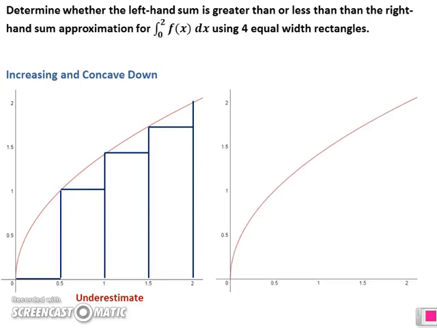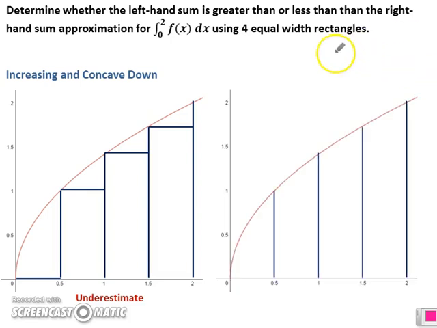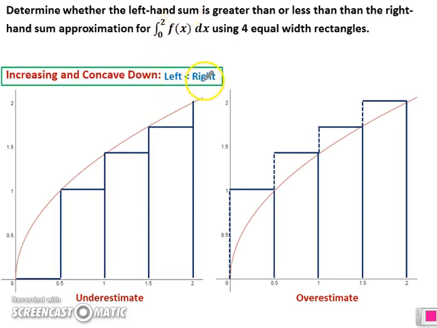And then right-hand sum, we use B, but not A. So that means when we want to find our y-coordinates, we would be using the y-coordinate of B, and then every point after, except for A. We would not use 0 in this case, if we wanted to know the height of each one of these rectangles. Okay, so notice that this one is an overestimate as well. So when we have increasing concave down, the right is larger than the left again.